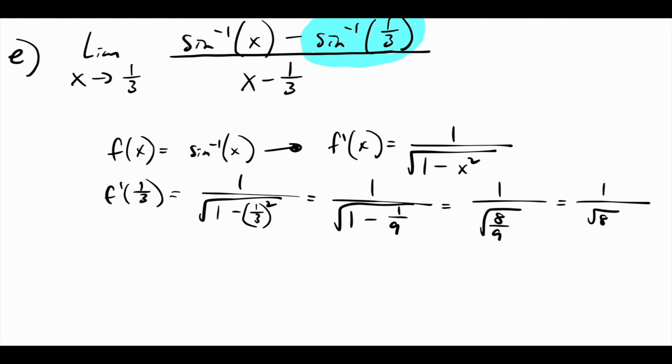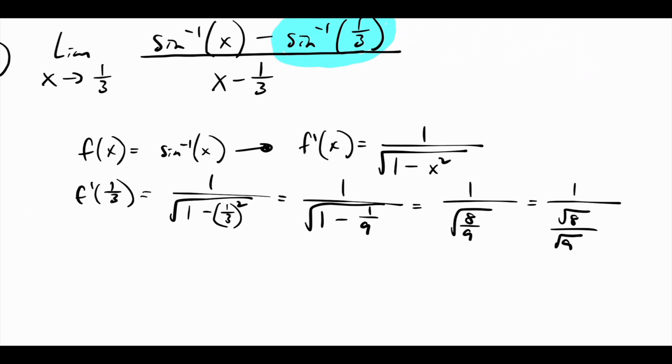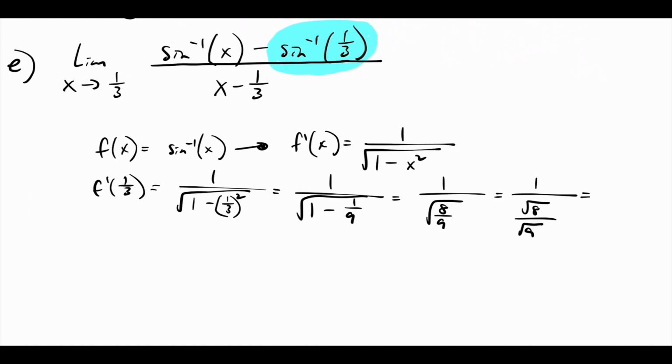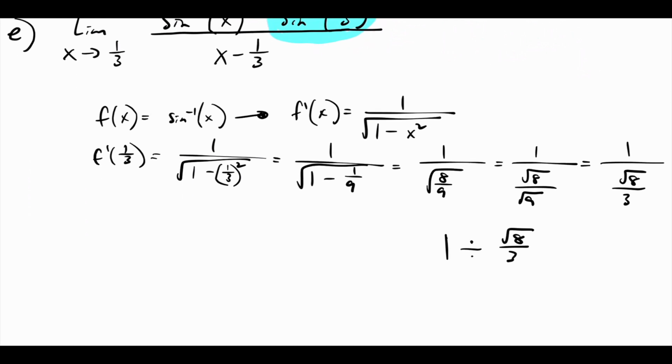So I have the square root of 8 over the square root of 9. Well, the square root of 9 is actually a number. 3. Keep, change, flip. 3 over the square root of 8.